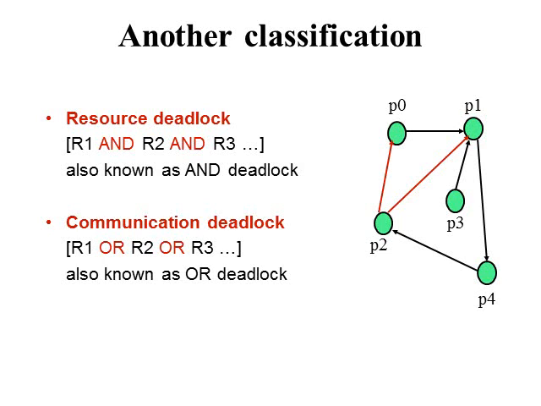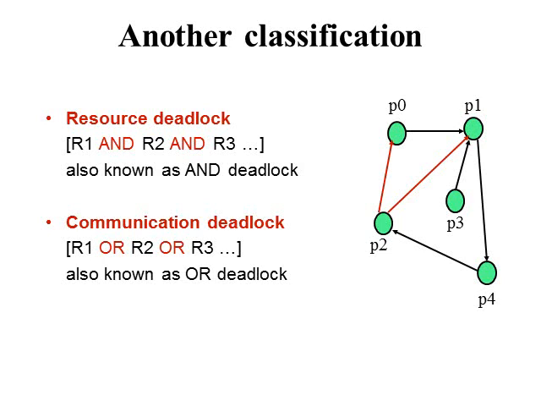Let's take a look at the different kinds of deadlocks that exist. The first one is called the resource deadlock, and the second kind is called the communication deadlock. Let's look at what resource deadlock is. When a process is waiting on multiple resources from various other processes, and it needs all these resources in order to proceed, it is called a resource deadlock.